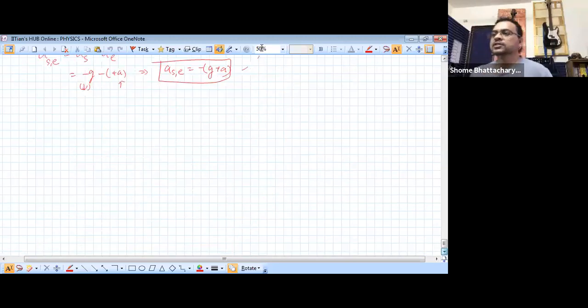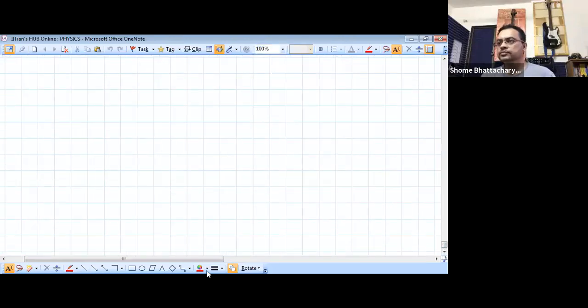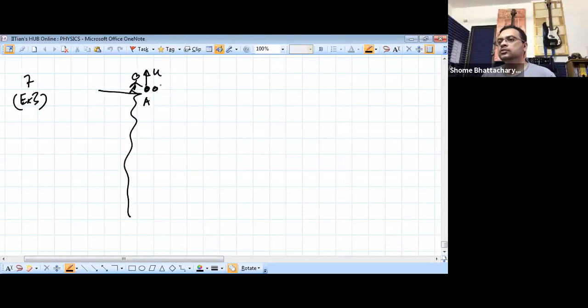All right. So 7th question, let me explain the question. We are doing an experiment where from the top of a tower or a building of a certain height, exercise 3 only, one object, let's say A, is thrown up at a speed u, and another object B is thrown vertically downward at the same speed u.